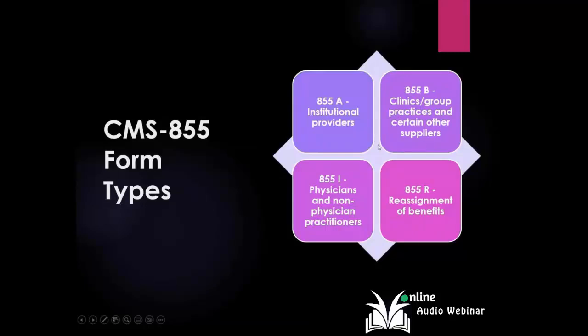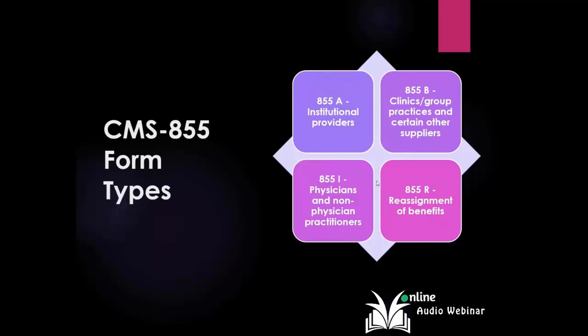Then we'll actually talk about the forms. We've got our 4 different form types that are highly misunderstood. I think a lot of folks struggle with which form do I do, and is it multiple, is it 1, is it 2, is it 3? So basically we've got our 855A application, and then our 855B, that's going to be our medical practices, our medical providers that bill through a group practice.